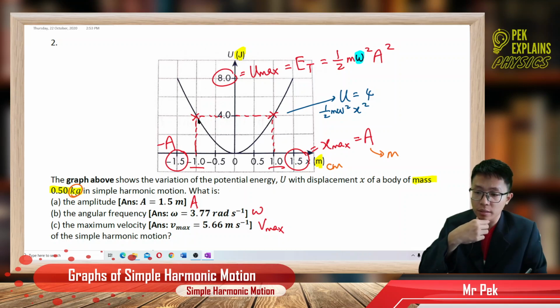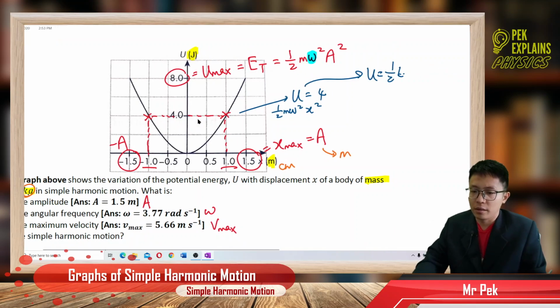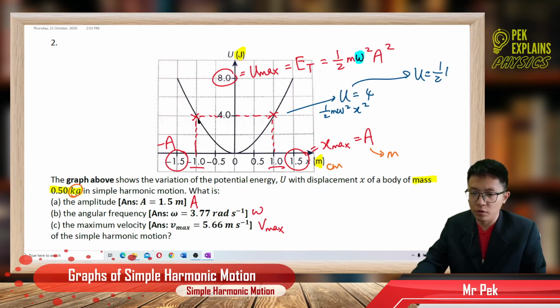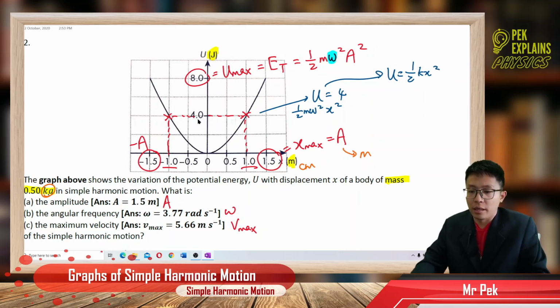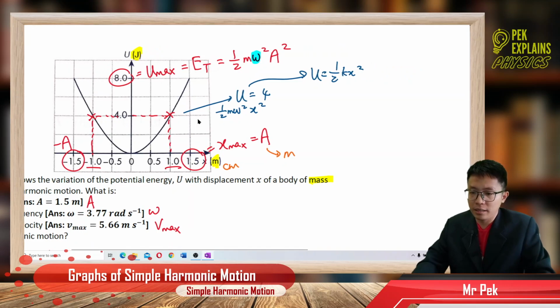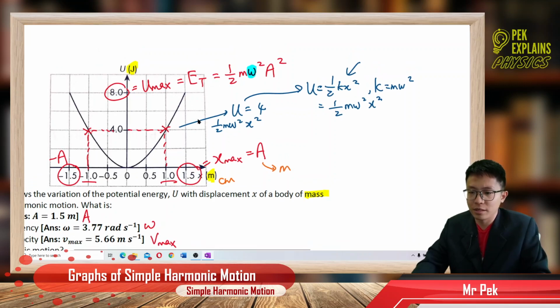Because we know the potential energy is half k x square, and k itself is m omega square. That's why it is half m omega square x square. You know, this is the elastic potential energy formula.